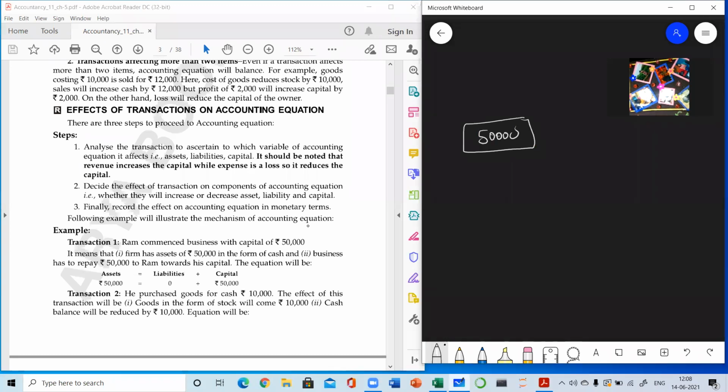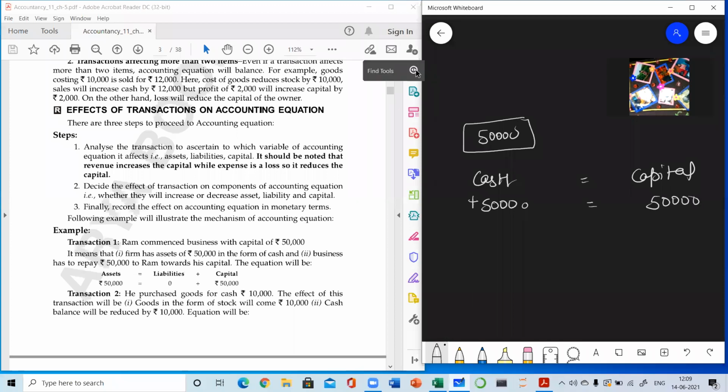Whenever the business is started, two accounts will be there. First account cash and the other account capital. Clear? So when Ram has started the business, cash must be increased by 50,000. On the other hand, the capital must be increased by 50,000.